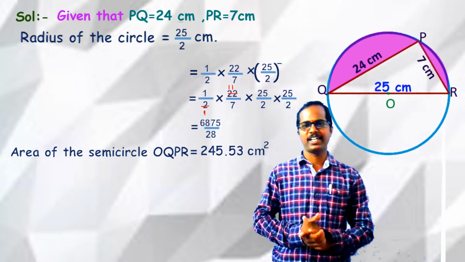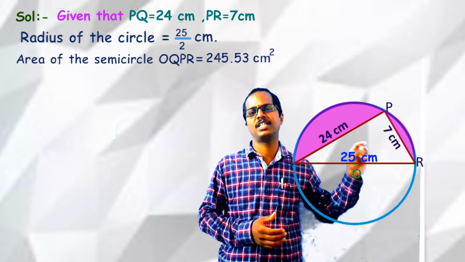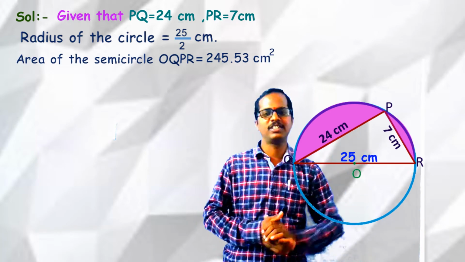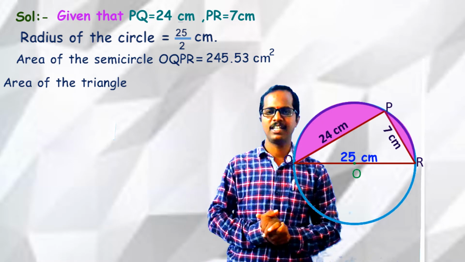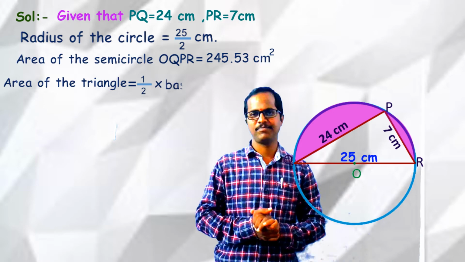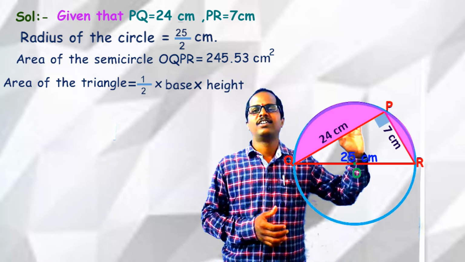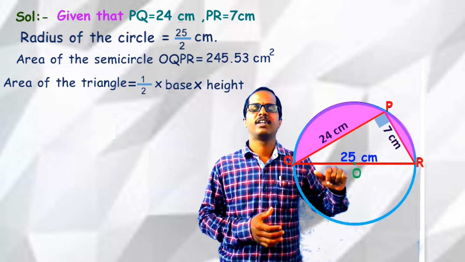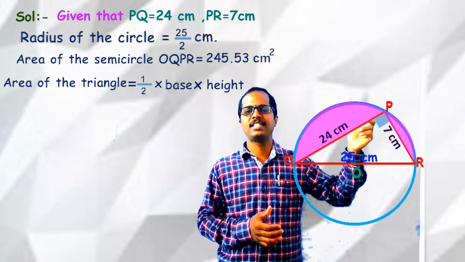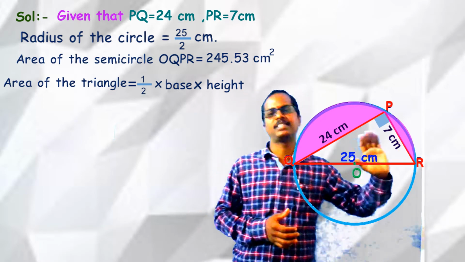Next, what do we need to find? Very good. We need to find the area of the unshaded portion, that is the area of the triangle PQR. What is the formula for finding the area of the triangle? It is half into base into corresponding height. In this right angle triangle, the right angle is at vertex P, and the two sides which form the right angle are considered as base and height.